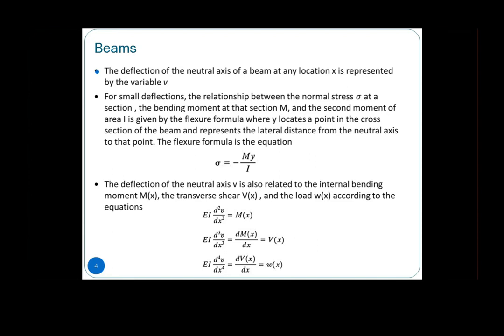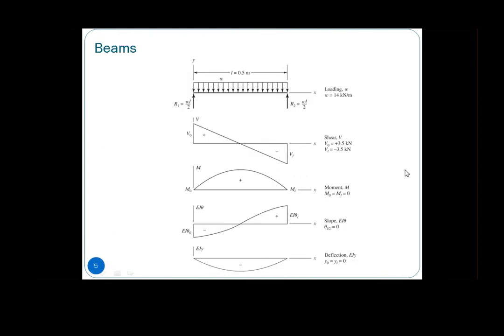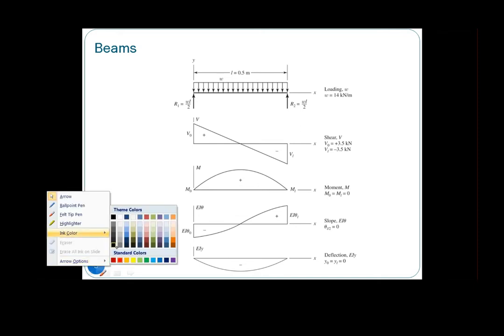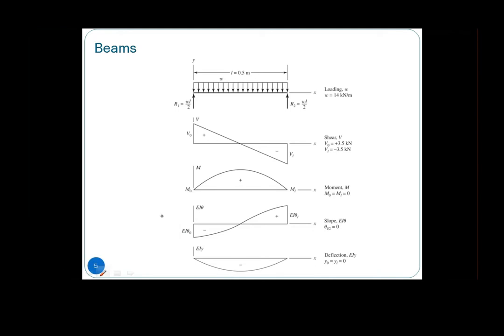You can probably see in this graph, if I have a deformation v, and I differentiate it, I have EI dv/dx, which is my EI theta, the slope.